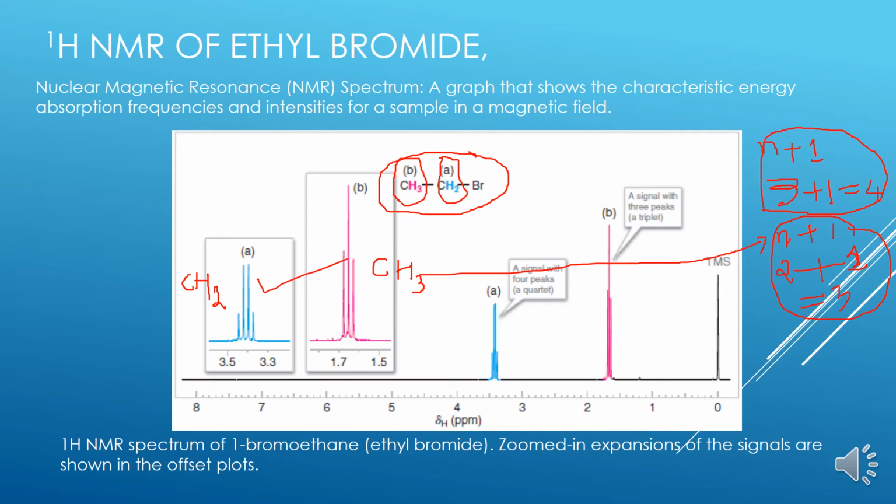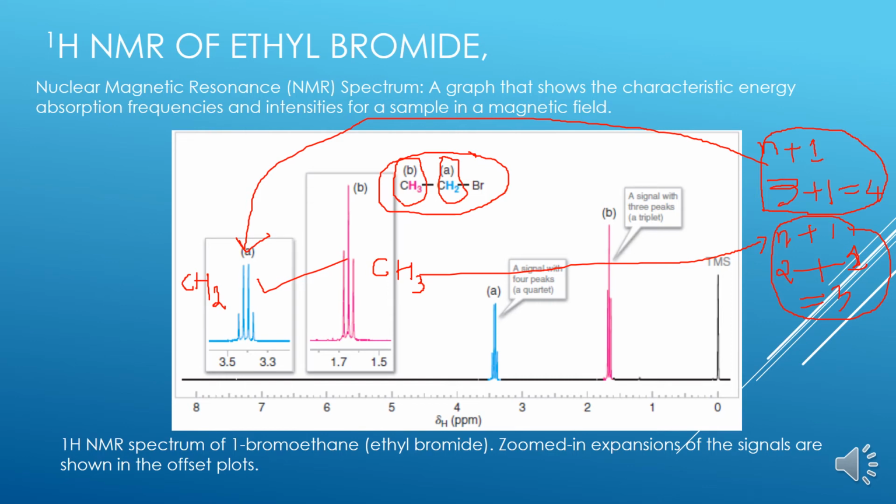Okay, so this is based on spin-spin splitting, spin-spin coupling. This is because of spin-spin coupling. Remember. So in this ethyl bromide, there are two different types of protons. One is CH2 protons and another one is CH3 protons.